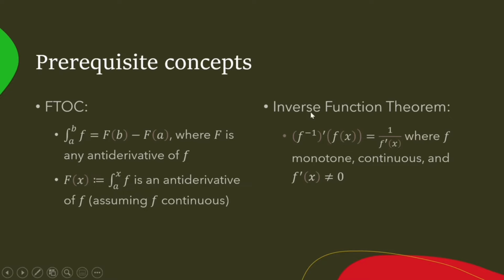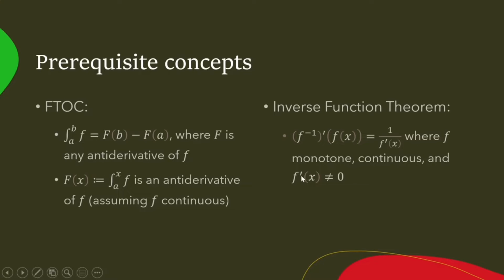Okay, and then the inverse function theorem is giving us an efficient way of computing the derivative of the inverse function, provided that it exists. f has to meet some requirements, it has to be monotone, continuous, and for any given point where we want to compute the derivative, f prime of x has to be non-zero, but in any case, those assumptions will be met for our purposes.